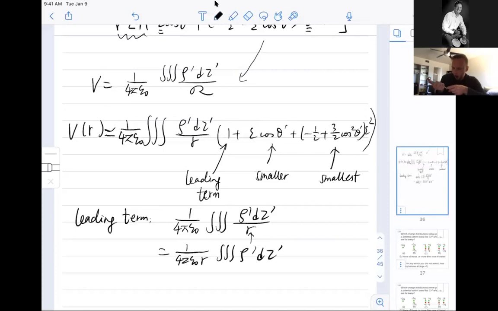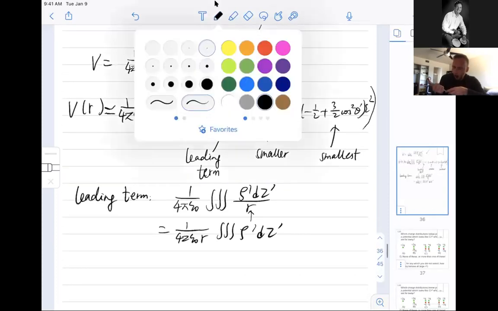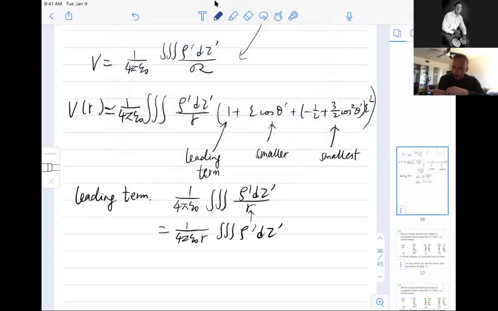Okay, so that's your first term. I want you to look at this and think about what it means. What is the meaning of this integral? That's your total charge. Yeah, that is my total charge, Q total.